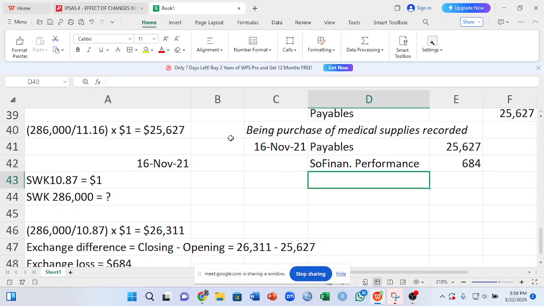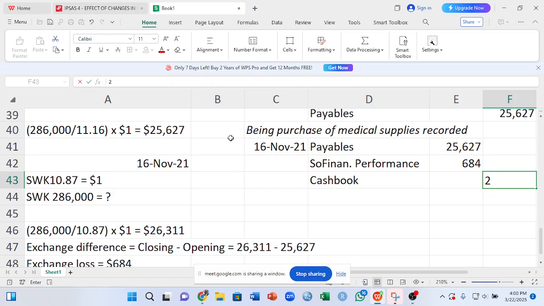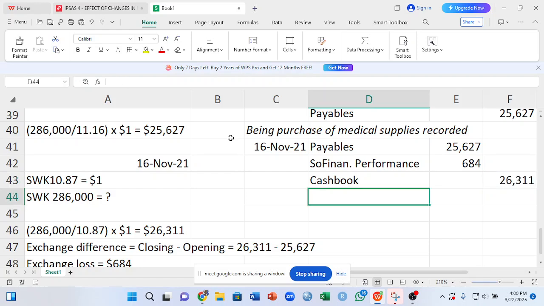Then where will the credit go? It will come from our cash book, which is the total 26,311.